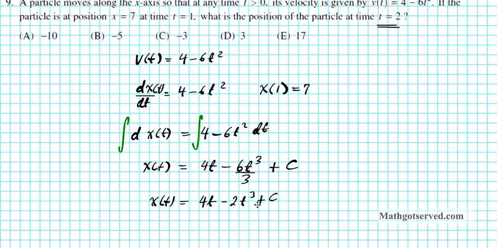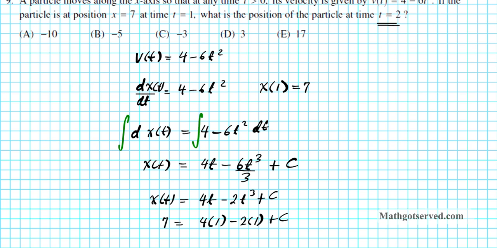Now we need to find out what c is so that we know what the particular solution of our differential equation is. To do that, we're just going to plug in the initial values. X of 1 is 7 equals 4 times 1 minus 2 times 1 plus c.